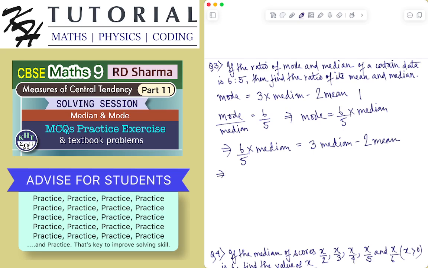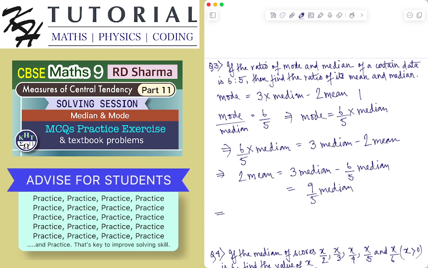This implies if I take the median to the right hand side and the mean to the left hand side, I have twice mean is equal to 3 times median minus 6/5 times median. Simplifying the right hand side, I have 9/5 median.